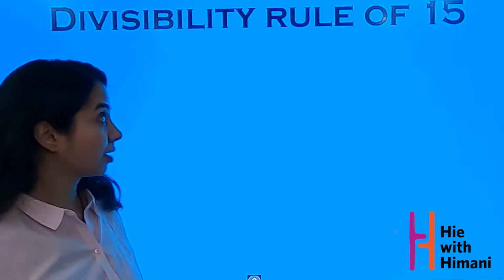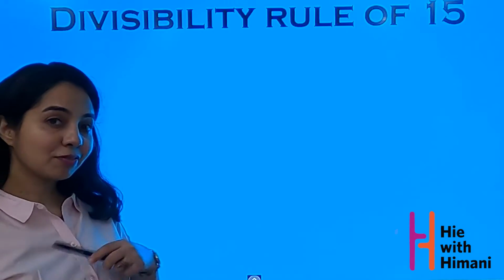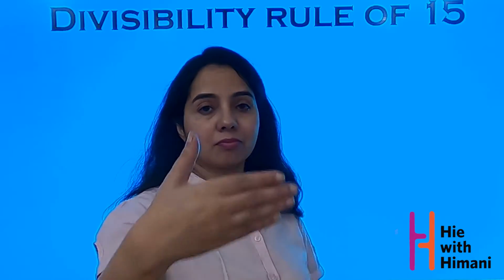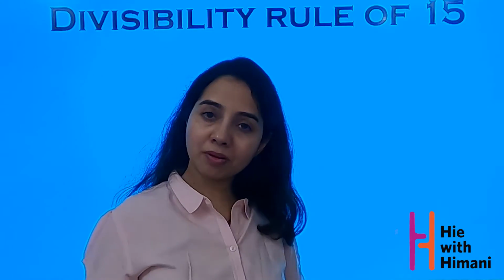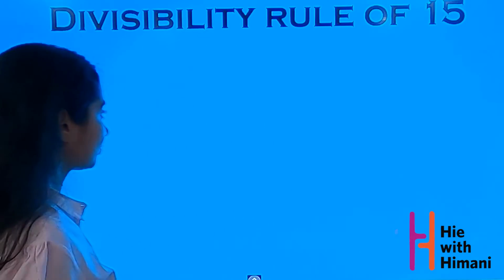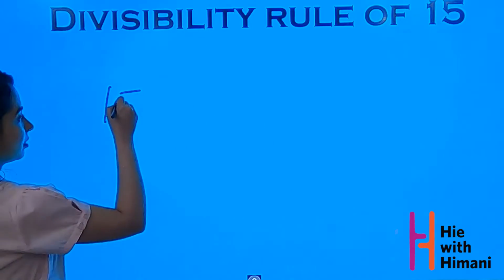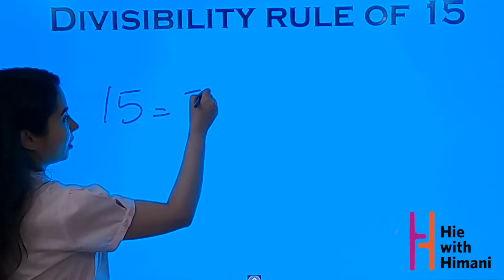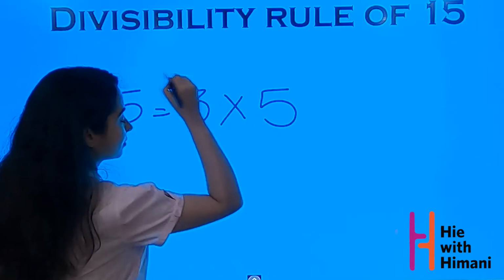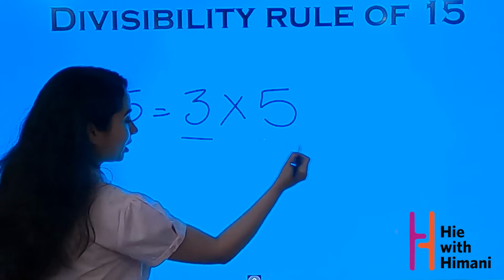Now, for 15 also you have to find two numbers that, when multiplied together, give us 15 in such a way that they are co-primes. So for 15, 3 fives are 15. Both of them are co-prime.